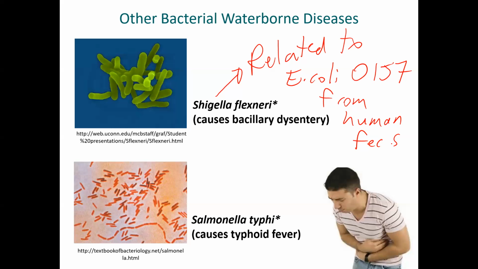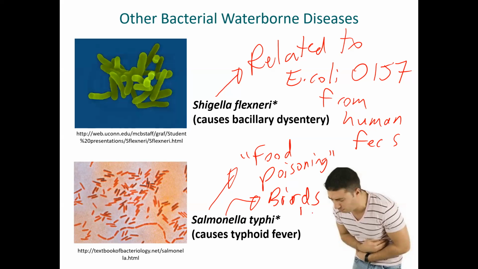Salmonella is related to E. coli as well. And Salmonella is often associated with what we would call food poisoning. And this is where we have fecal matter contaminating some food or water. Salmonella, by the way, is found in birds and reptiles.